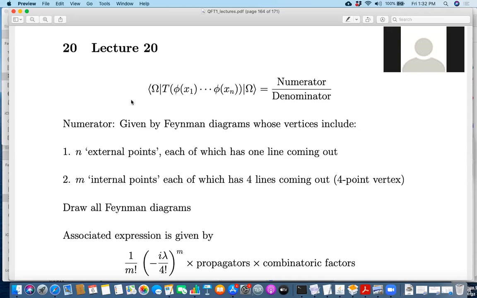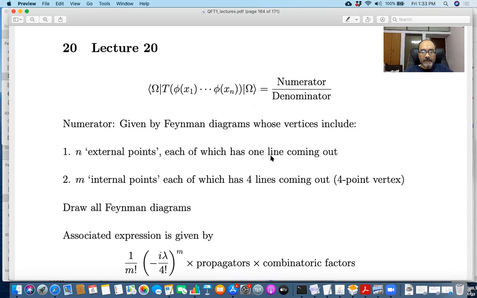For the numerator, I'm going to use the language of Feynman diagrams, but if you don't like Feynman diagrams, you can always think of this as a sum of terms that you get by following the standard procedure. But in the language of Feynman diagrams, the numerator is given by Feynman diagrams whose vertices include n external points. Those correspond to this x1 to xn.